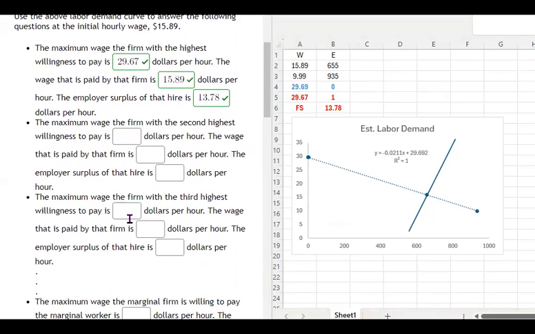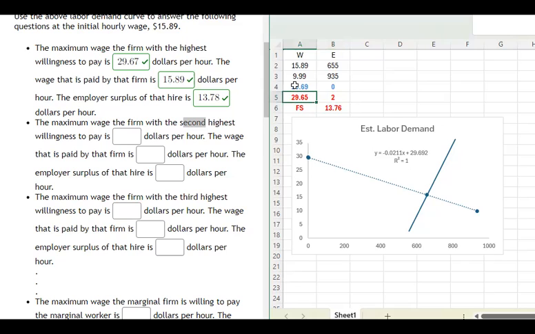Okay, what is the max wage the firm will pay with the second highest willingness to pay? Well, now we have to change this to the second employee. What are you willing to pay that second employee? That second employee has the second best set of credentials, experience and references, judged to be the second best.